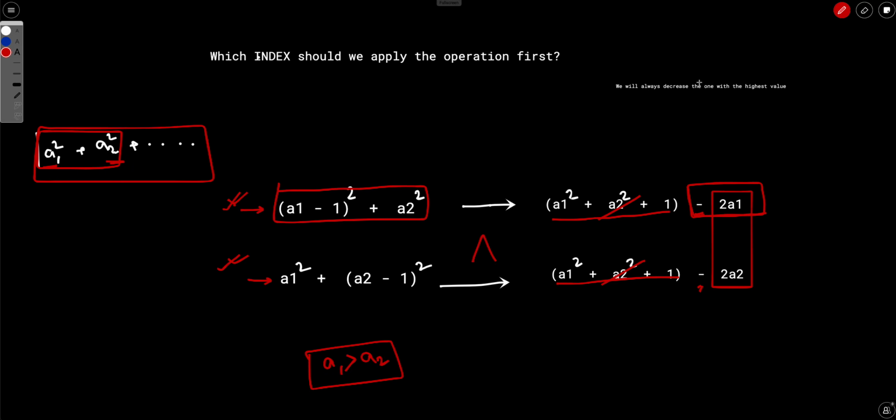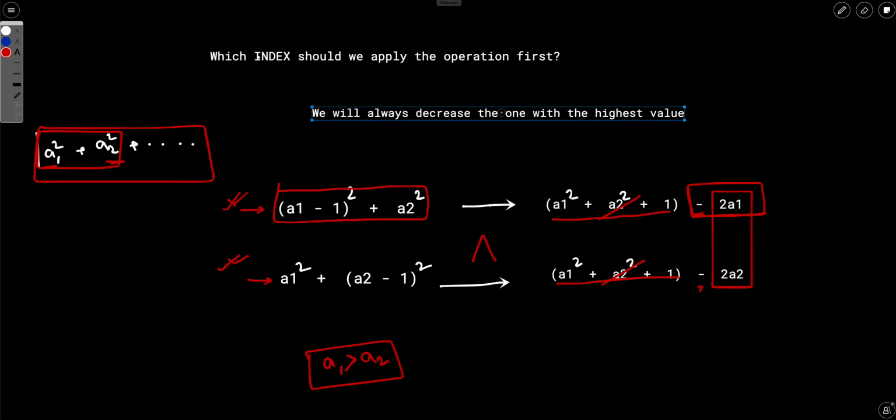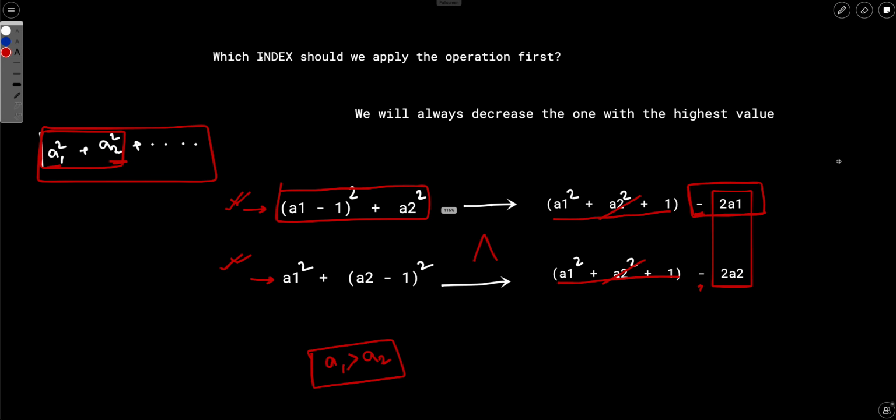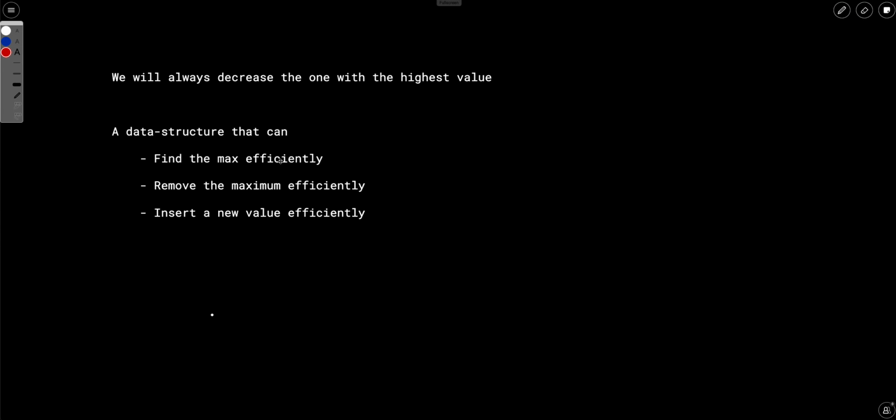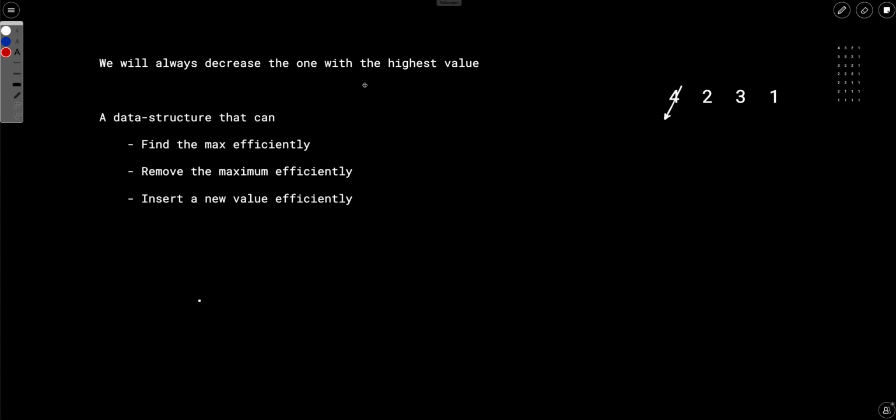So what we get out from here is we will always decrease the one with the highest value, right? Now let's just move forward. So what we have just figured out is we will always decrease the element with the highest value. So what we need is a data structure that can actually find the maximum element, like the difference.